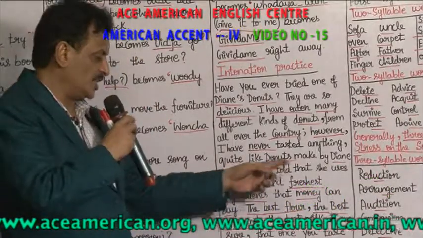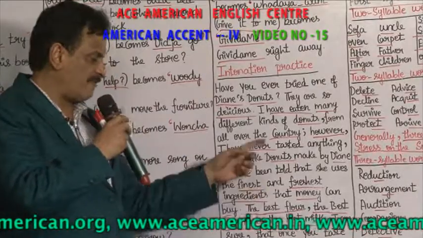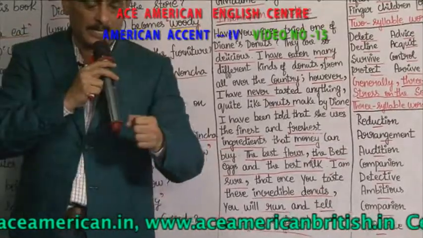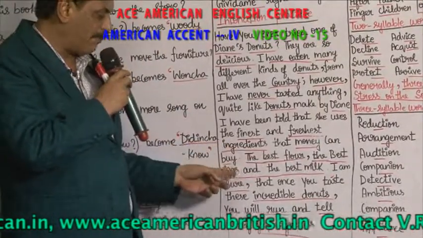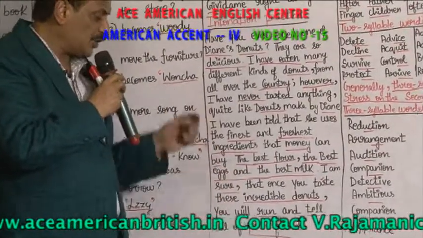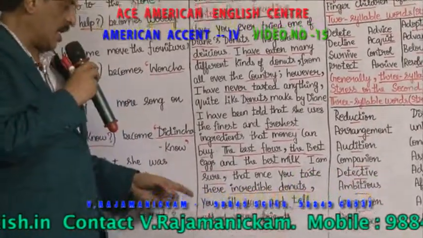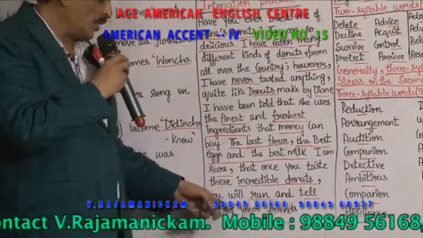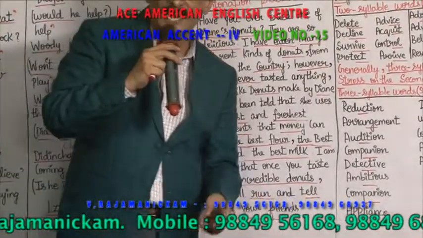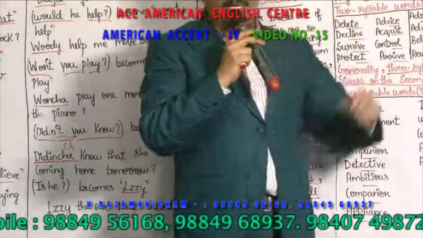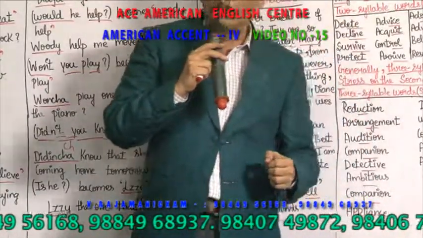I've been told that she uses the finest and the freshest ingredients that money can buy. And you have the best flour, the best eggs, and the best milk. I'm sure that once you taste these incredible doughnuts, you will run and tell all of your friends. So இது முடிச்சிட்டீங்க.